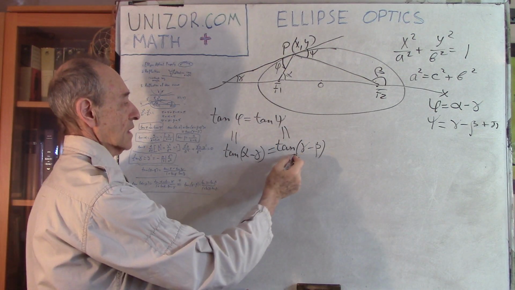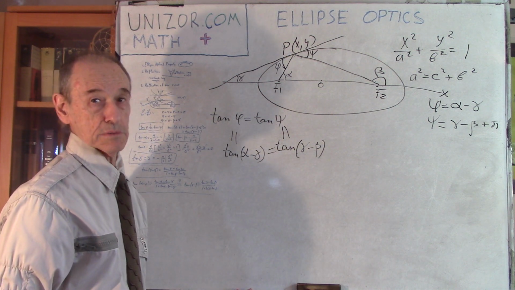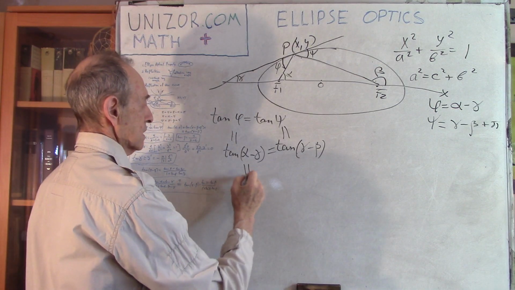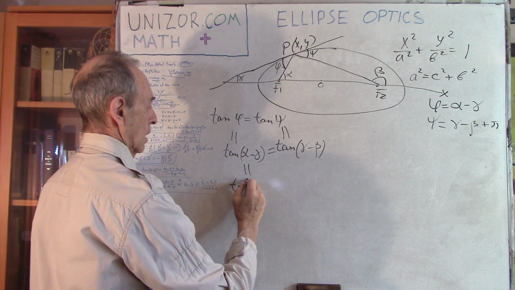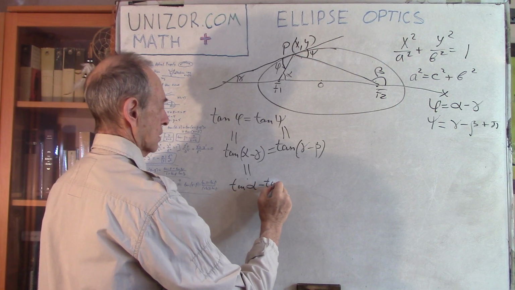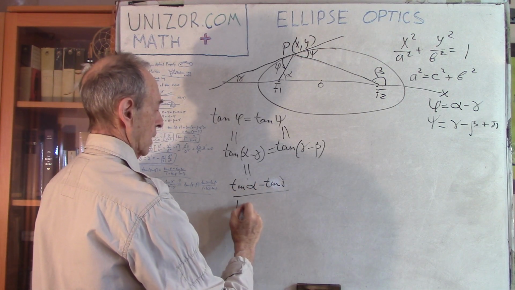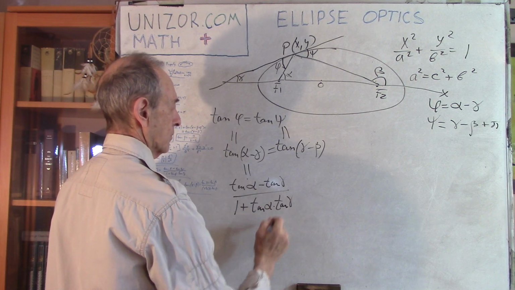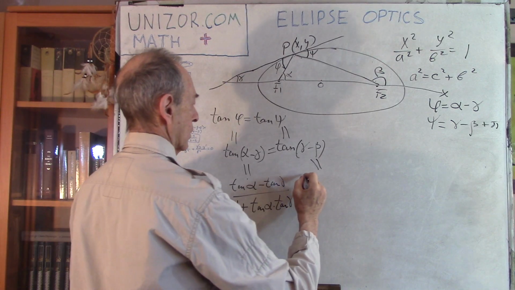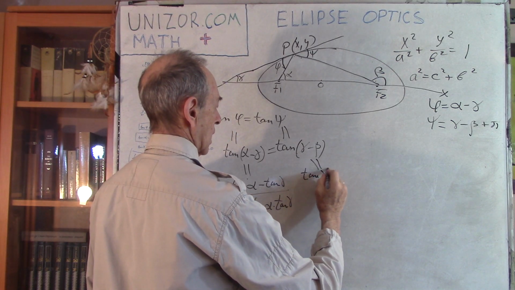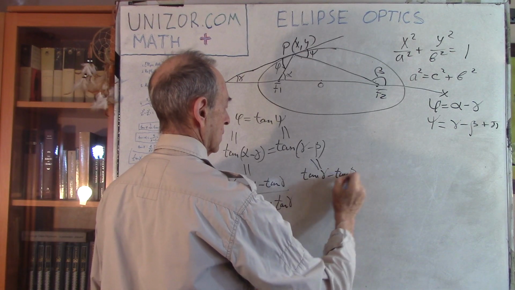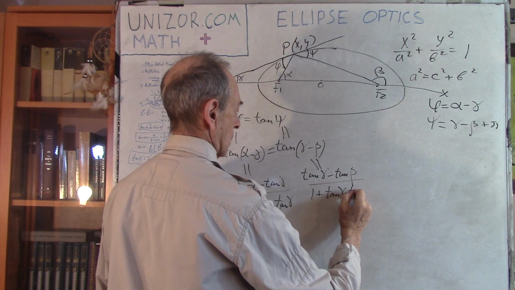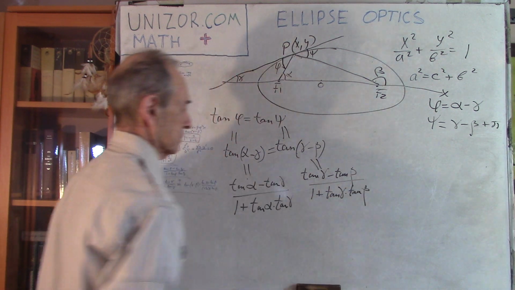Now each one of them is tangent of difference between two angles, and we know the formula from trigonometry. So this one is equal to tangent alpha minus tangent gamma divided by 1 plus tangent alpha times tangent gamma, and this one is equal to tangent gamma minus tangent beta divided by 1 plus their product.